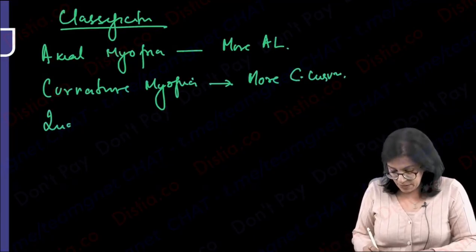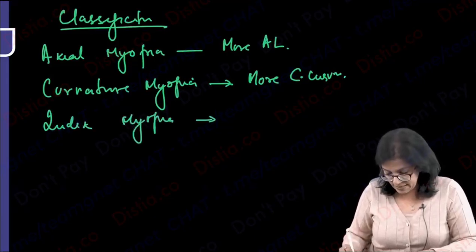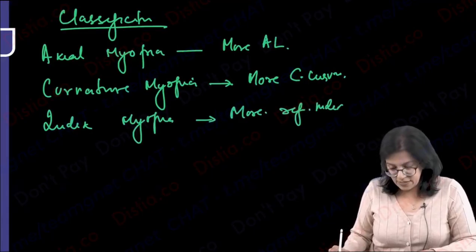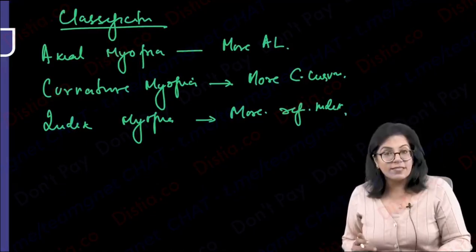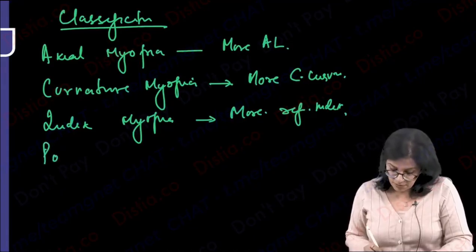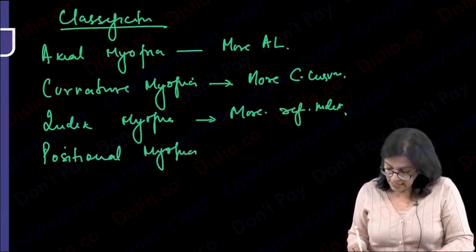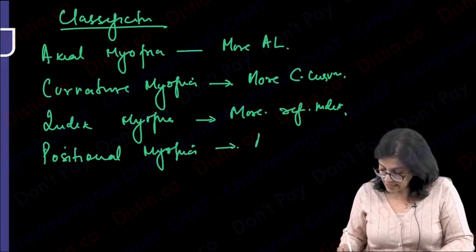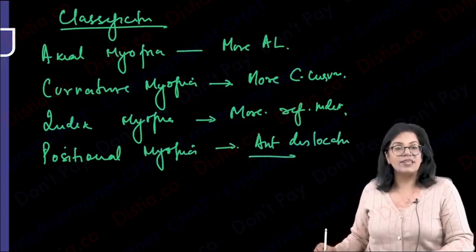Then index myopia means this time it is more refractive index, of the lens mainly we are talking about. Fourth one, positional myopia. Positional myopia means any dislocation of the lens, anterior dislocation can lead to more power. These are the classifications of myopia.